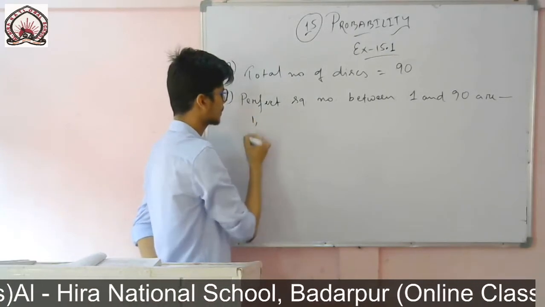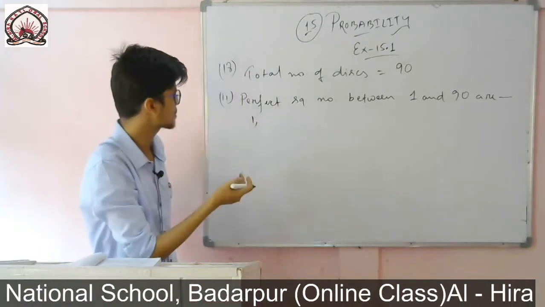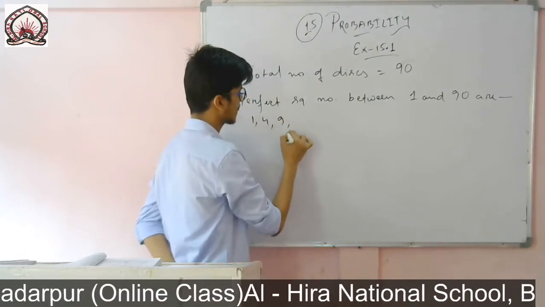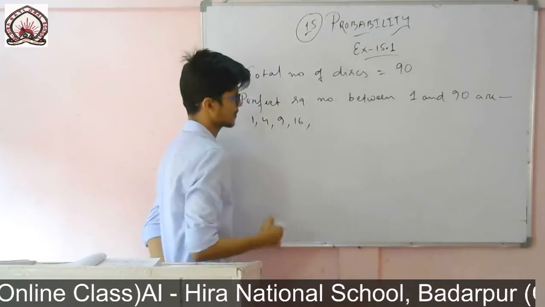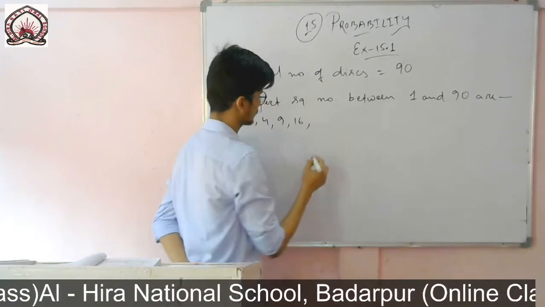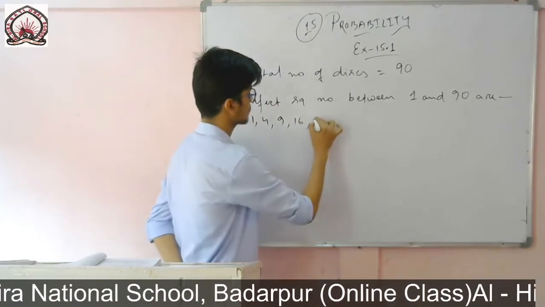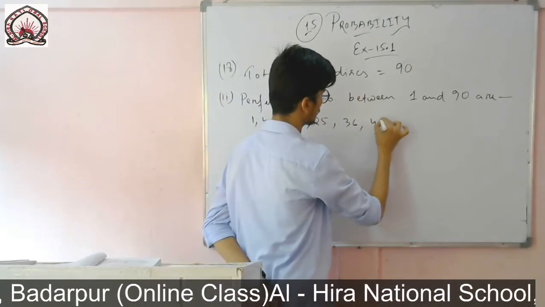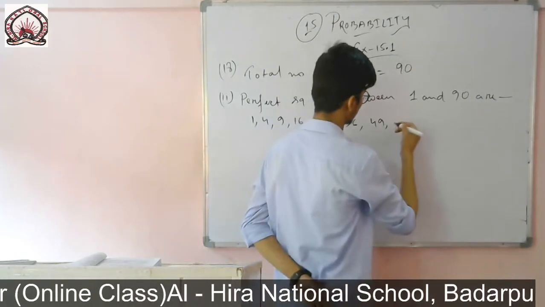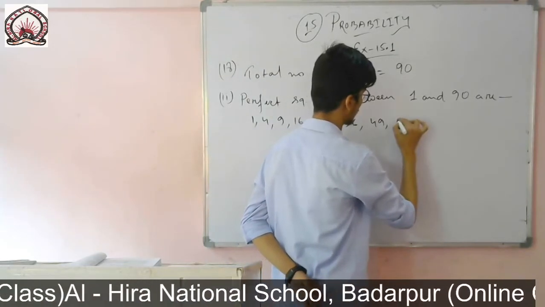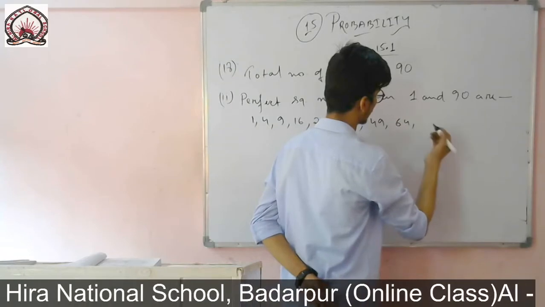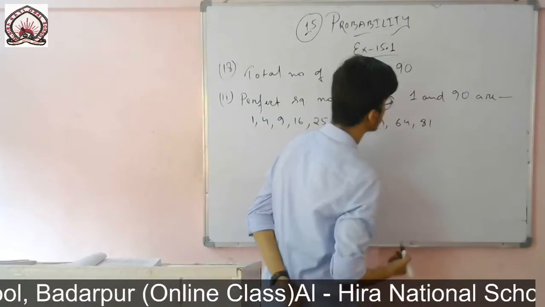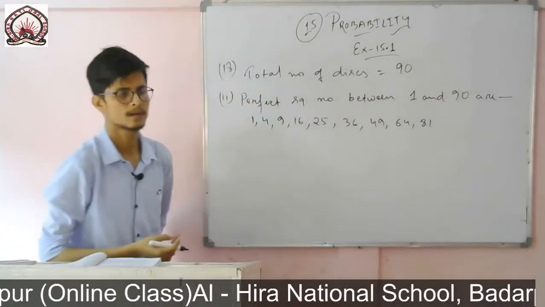First one will be 1 square. 1 is the square of itself. So, 1, then 2 square it is 4, 3 square 9, then 4 square 16, 5 square it is 25, then 6 square 36, then 49, then 8 square it is 64, then 9 square it is 81, and then 10 square it is 100.